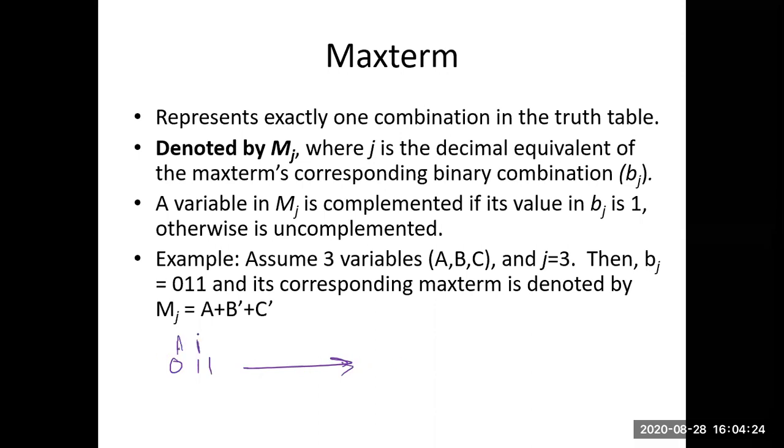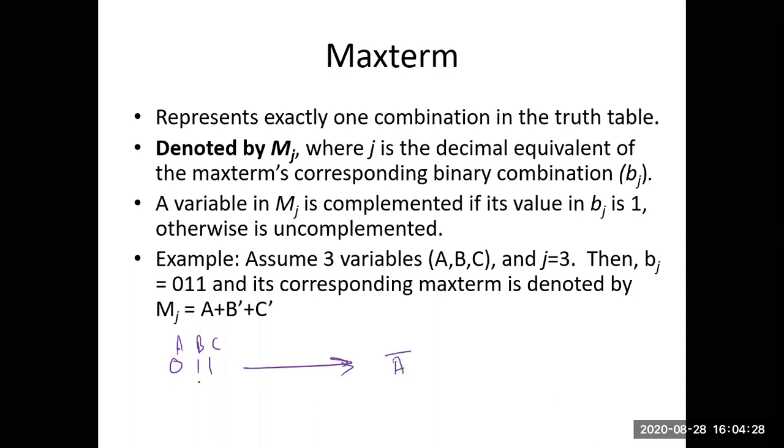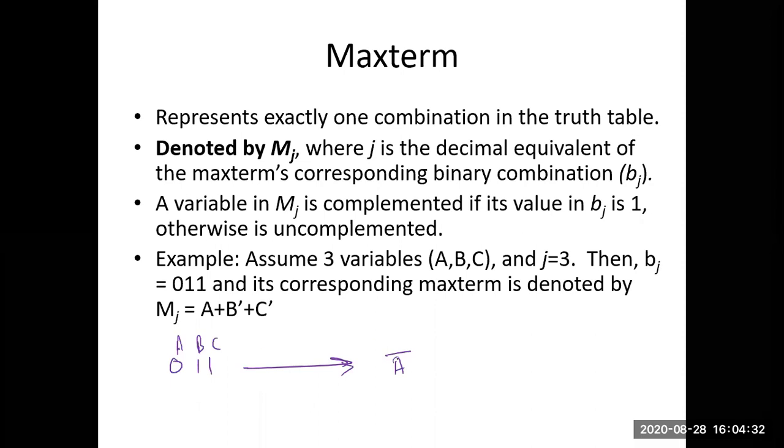This is a, this is b, this is c. Zero means a. In the previous case, zero meant a bar; in this case, zero means a.